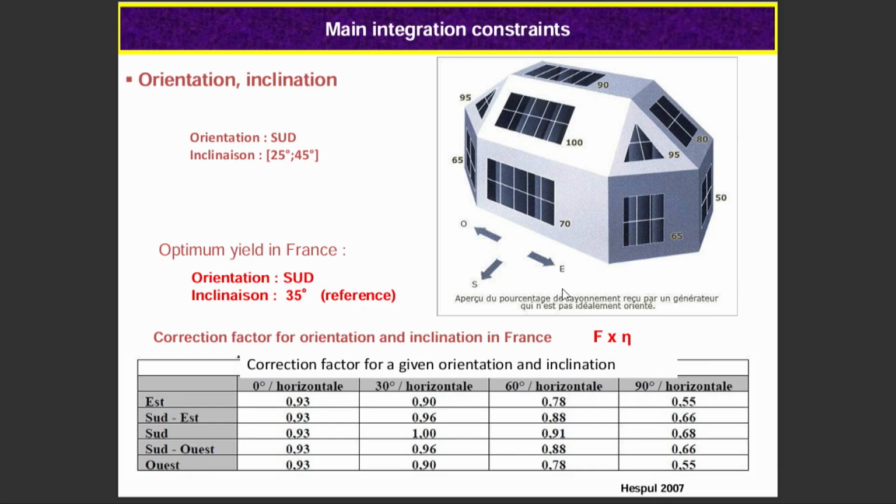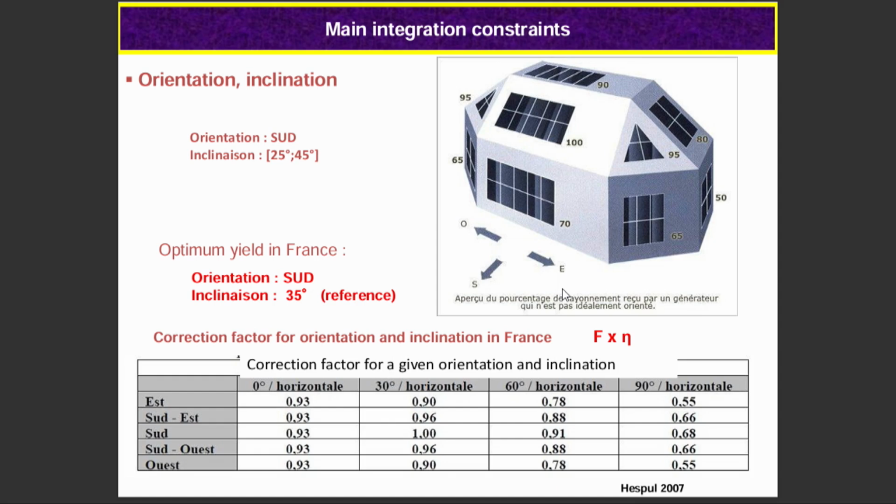If I put on a facade, I will lose around 30%. Okay, so you see 70%. But the potential of facade is much higher. If you are not in a house, but in a tower, it's much higher. If you are southeast facade, it is a little bit less, but it's not so bad.